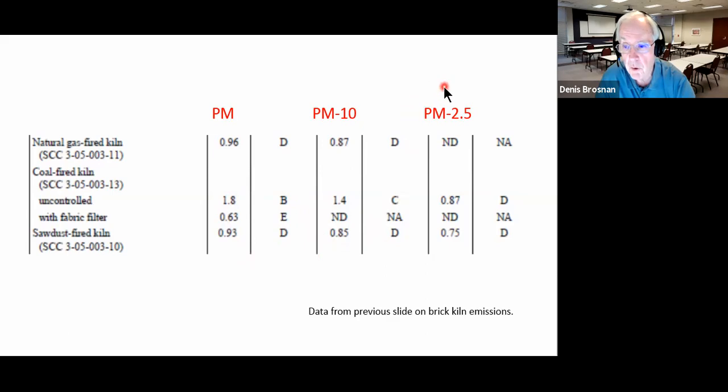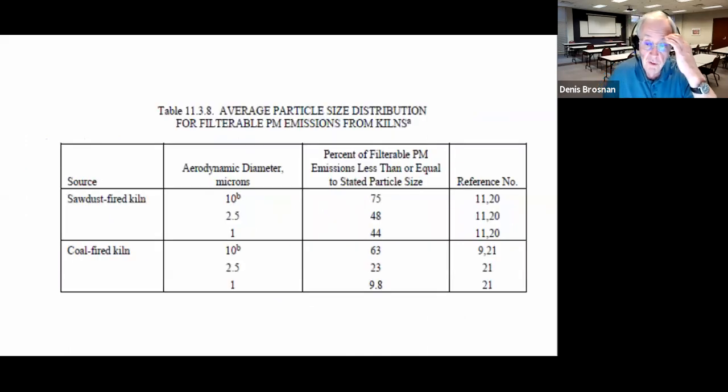And it turns out the smallest size the United States Environmental Protection Agency could measure at that time in a plant measurement was 2.5 microns. So they further characterized this as 2.5 microns, which they call fine particulates. Well, I don't know about their terminology, but you can look and see that a lot of these particulates in coal and brick firing are pretty fine particulates, and they present a chart here to show that.